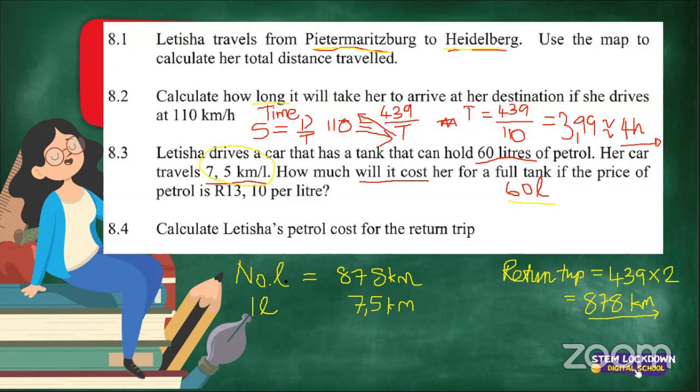So solve for the unknown: I need to cross multiply. I'll divide by the 1 liter on the left, so on the right I'll multiply. You can see I'll cancel the kilometers and be left with liters. So 878 divided by 7.5.